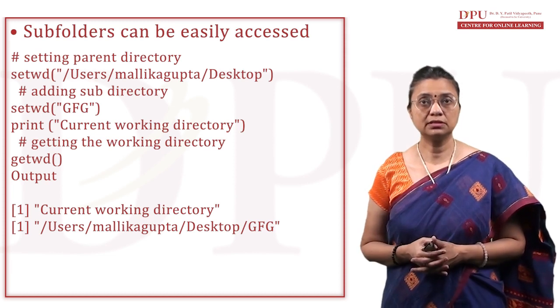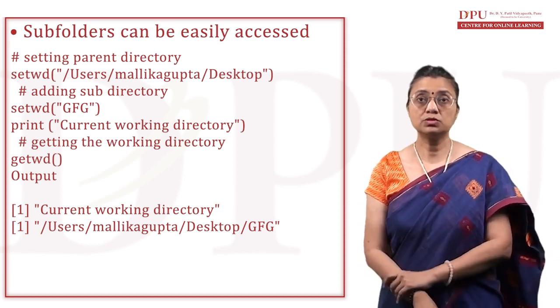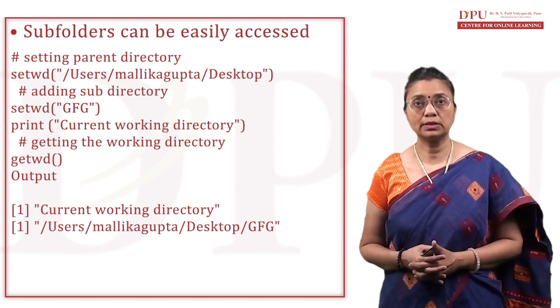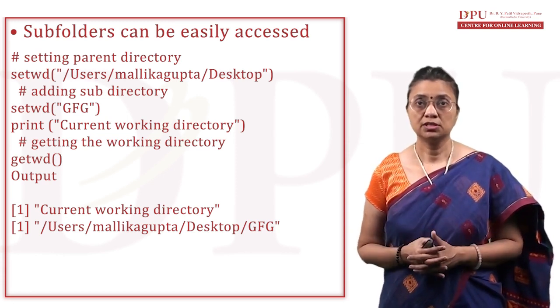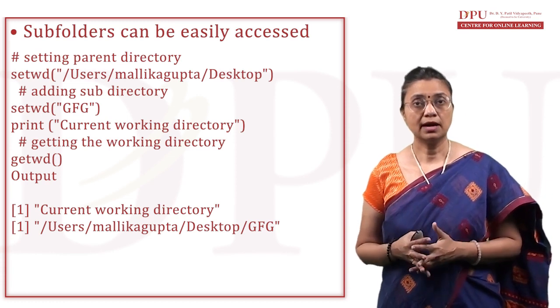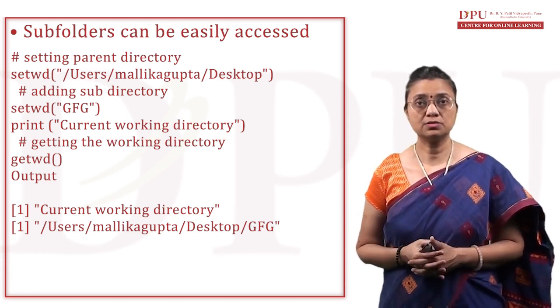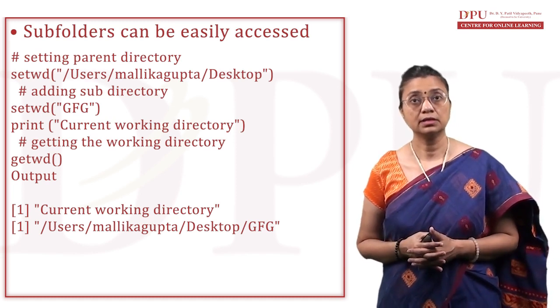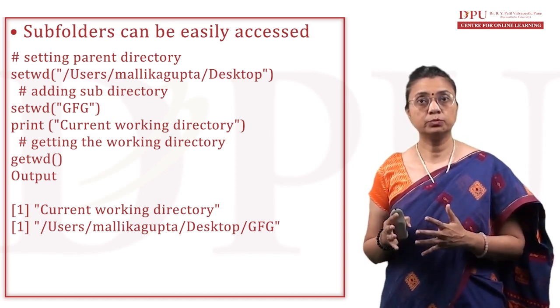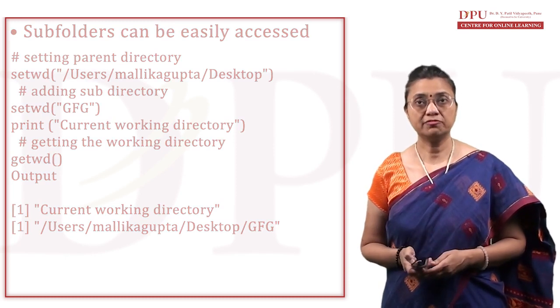So we can see over here that set working directory user Malika Gupta desktop is my working directory, and I add a subdirectory which is GFG. After doing get working directory, I get my current working directory, which is user Malika Gupta desktop and GFG.